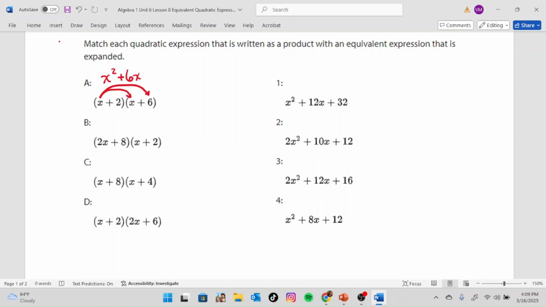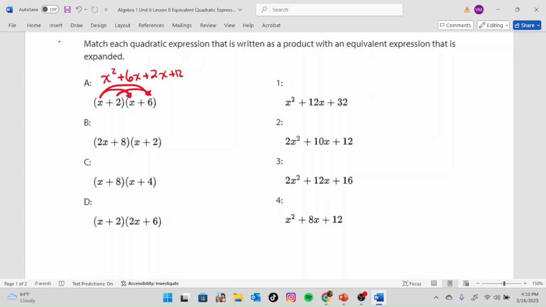Now we take the inside term, 2, and multiply it by the other inside term, x. 2 times x is 2x. And finally, the last term, 2, multiplied by the other last term, 6. 2 times 6 is 12.